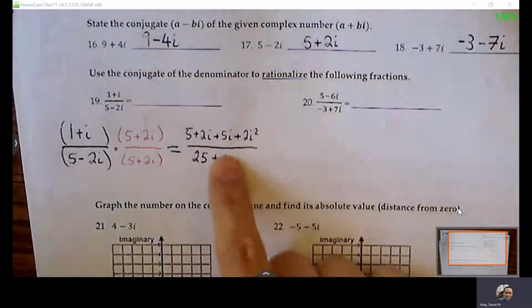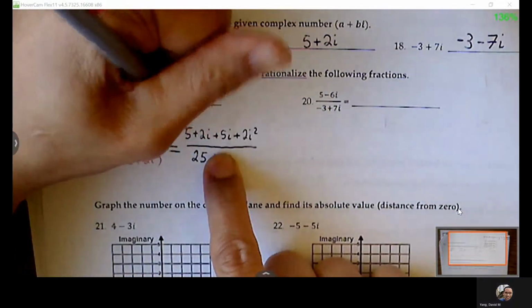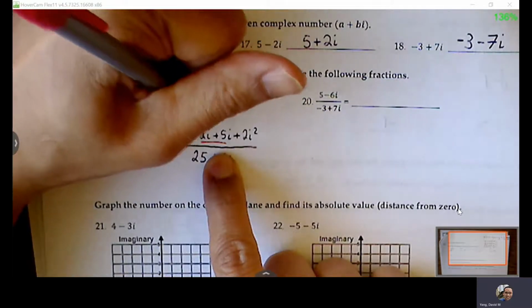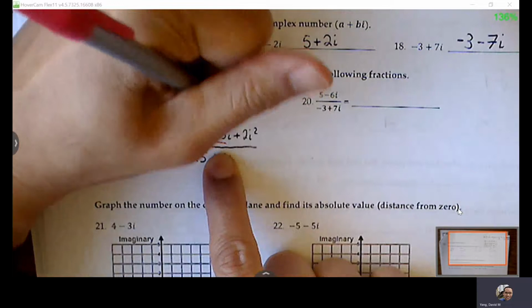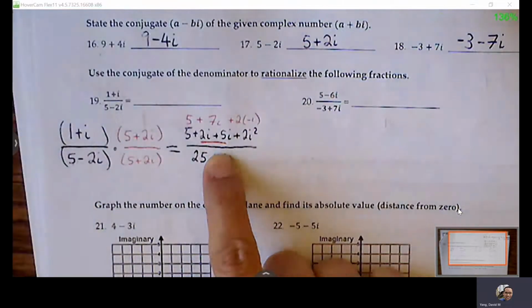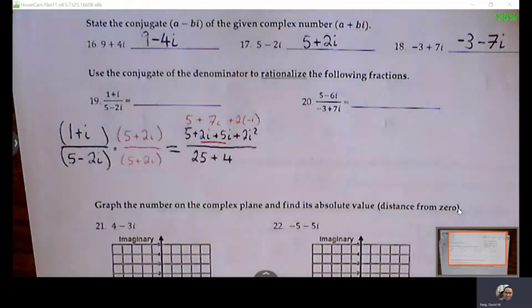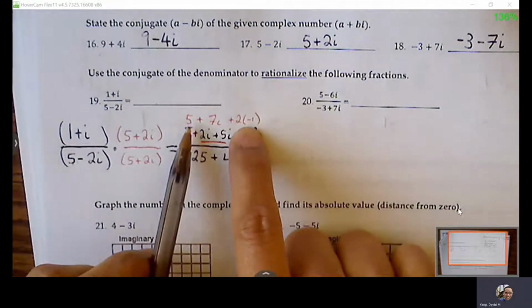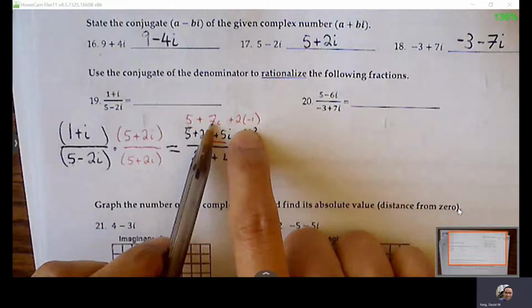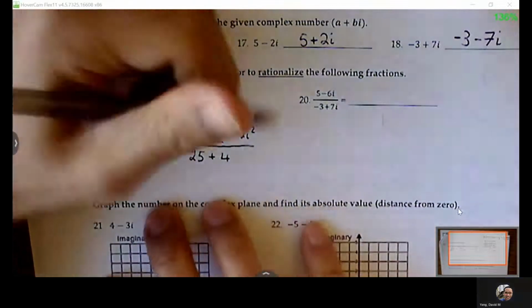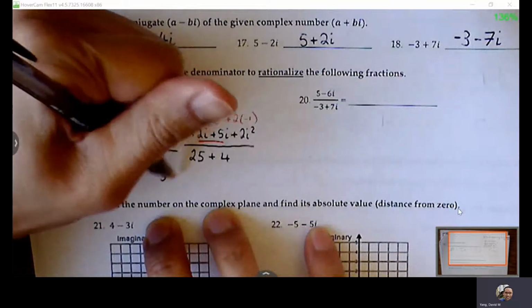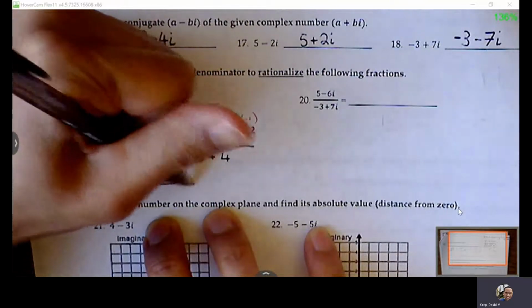Okay, the numerator we can clean up a little bit. The two middle terms can cancel out, or it can combine. 5 plus 7i plus 2 times negative 1. So combine some of my terms here. 5 minus 2 is 3. 3 plus 7i. So we have 3 plus 7i all over 29.